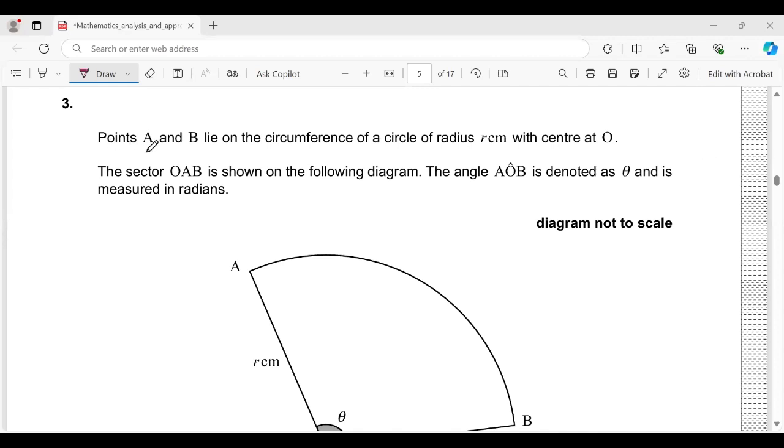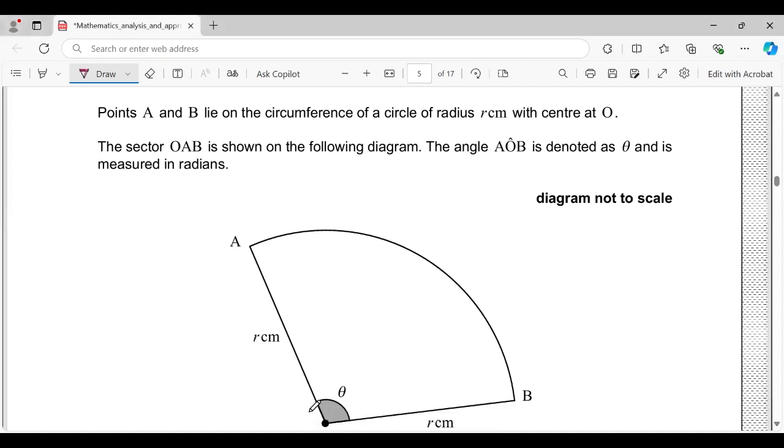3. Points A and B lie on the circumference of a circle of radius r centimeters with center at O. The sector OAB is shown on the following diagram. The angle AOB is denoted as theta, and is measured in radians.